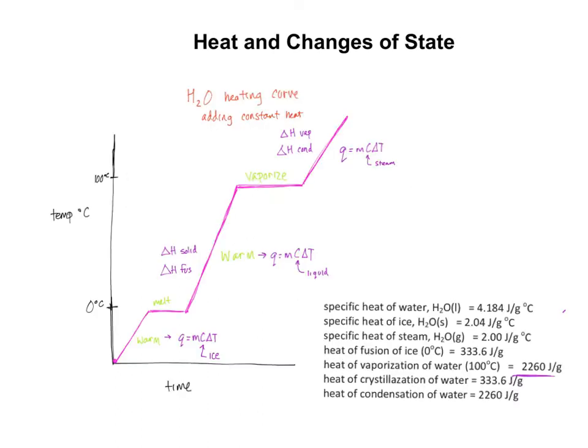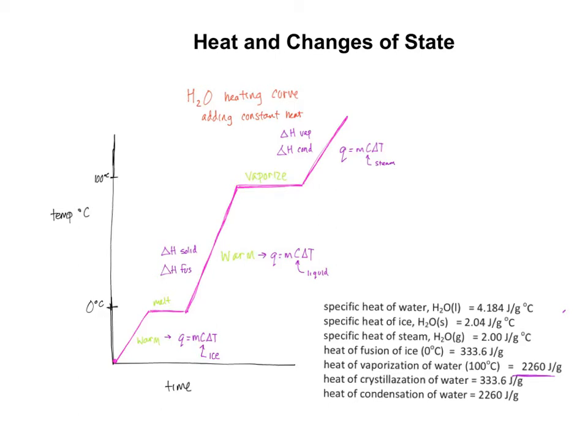In the heat of changes in state chart, you start at 0, and you would use Q equals mc delta T to warm up, because you have a change in temperature. Once you get to 0 degrees Celsius, it'll be melting, so you will not have the change in temperature. It'll just be the mass times the specific heat.